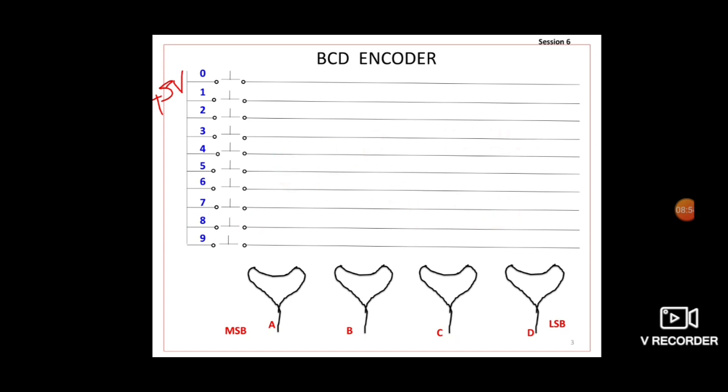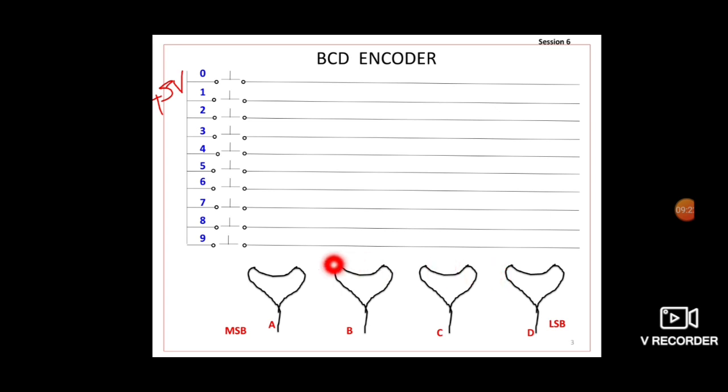Now these are the OR gates. So when a particular decimal number is pressed, these are the decimal numbers, and pressing any of them connects high voltage, plus 5 volt, to the corresponding OR gates.